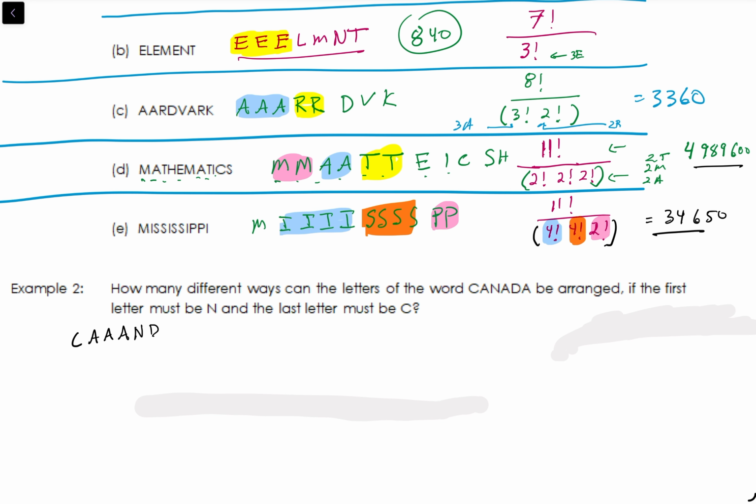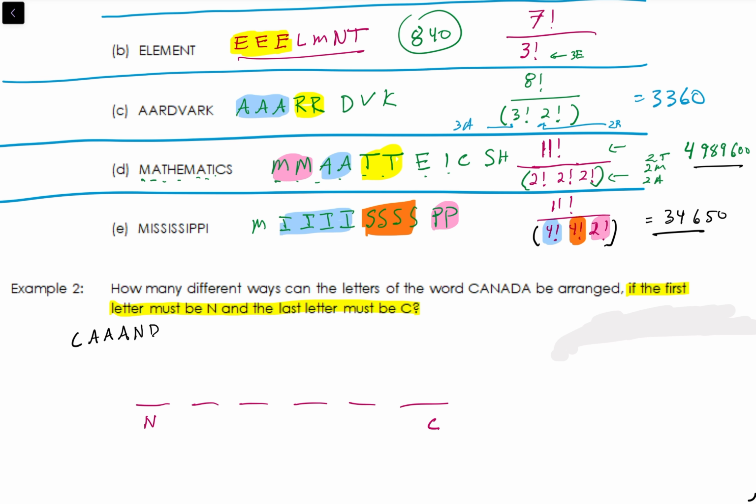So what's going to happen is I'm just going to arrange these. Now, if you recall from previous lessons, this is a constraint upon us that we need to make sure it happens first. So allow me to, I'm going to use part fundamental counting principle, part permutations with identical objects. So I'm going to put the first letter must be N. So I'm just going to put N right there.